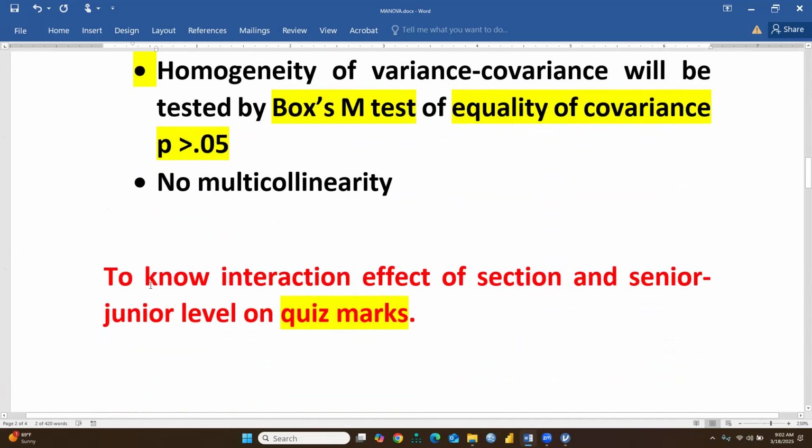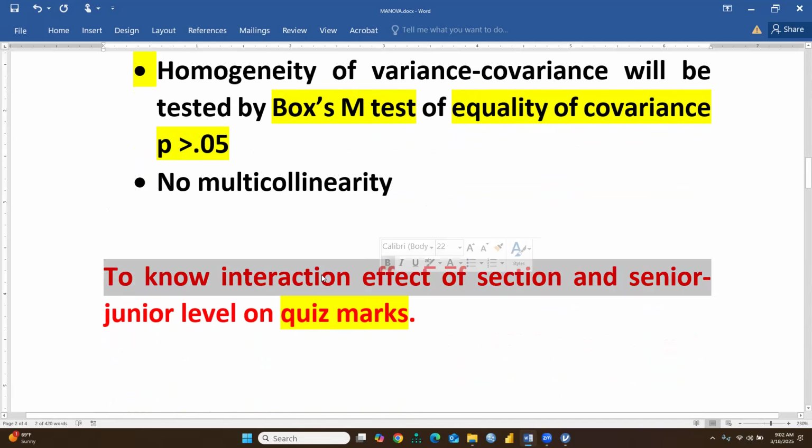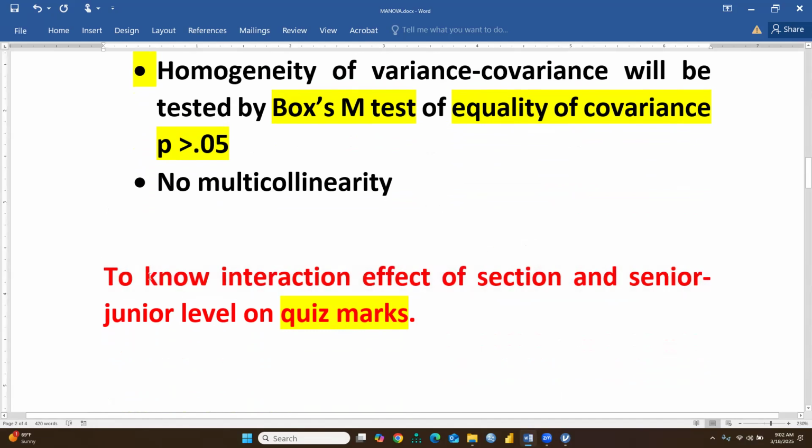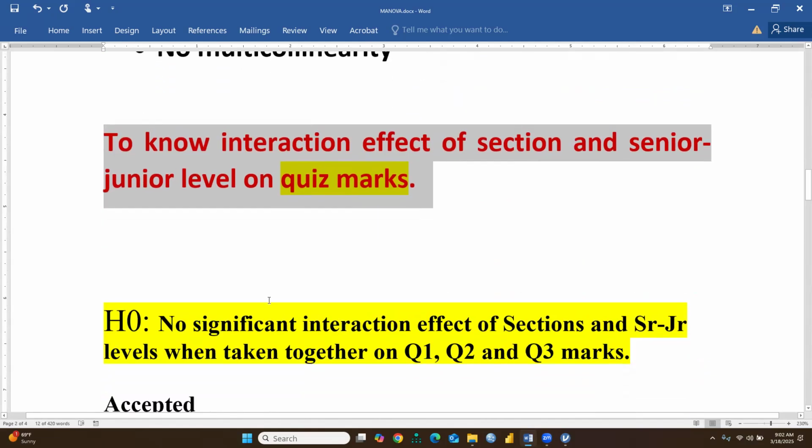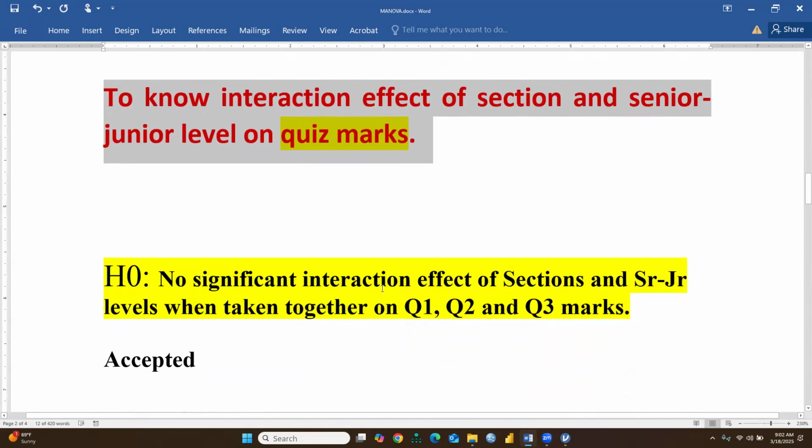So my problem statement is to know the interaction effect of section and senior-junior level on quiz marks. I made a null hypothesis: no significant interaction effect of sections and senior-junior level taken together on Q1, Q2 and Q3 marks.